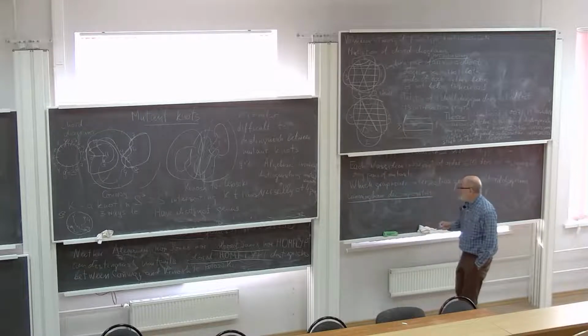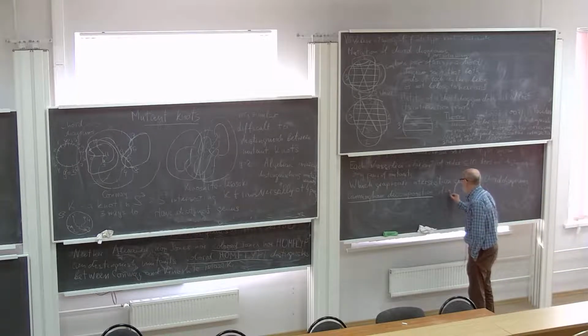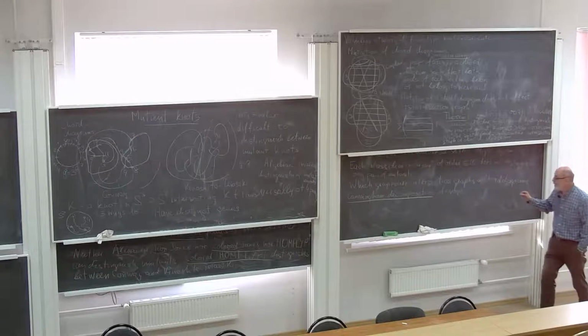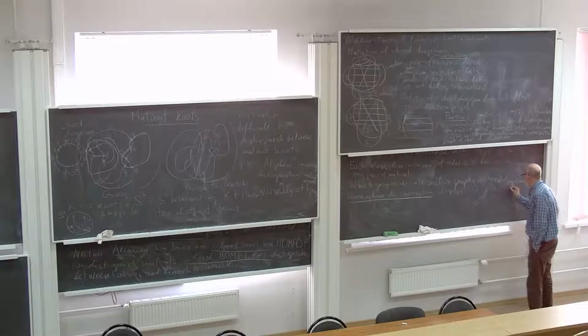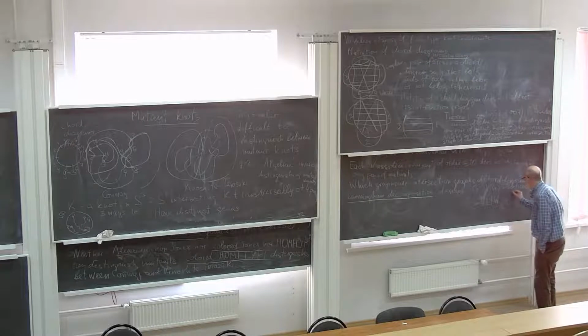What is Cunningham decomposition? Suppose we have a graph G, and its set of vertices V of G. And suppose that we have a partition, a disjoint partition of this set into two parts, such that each part contains at least two vertices.